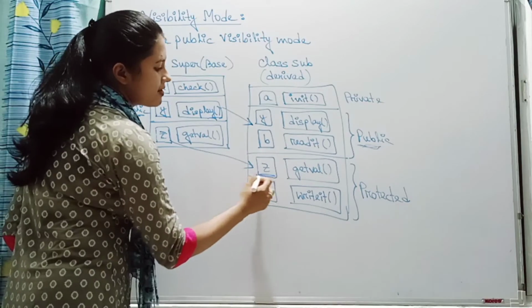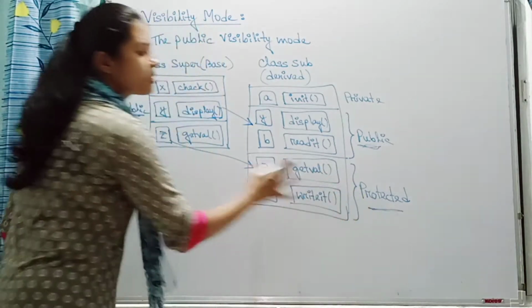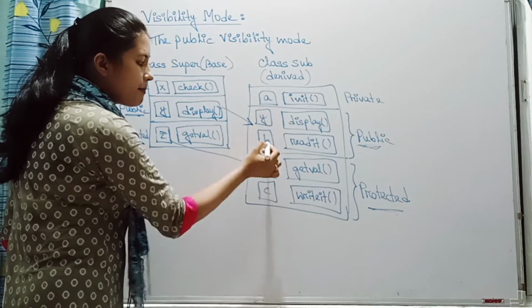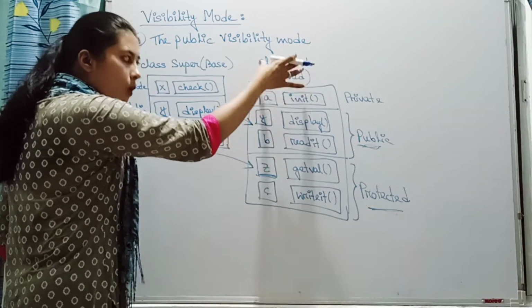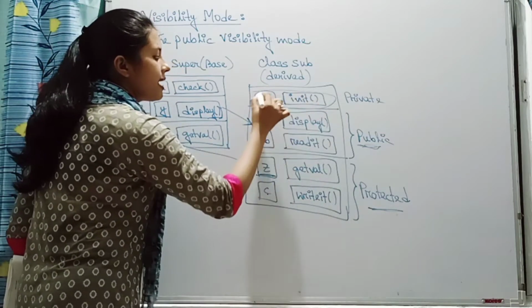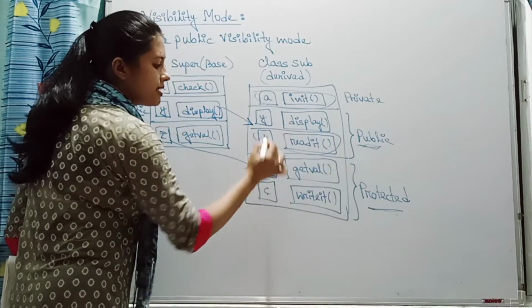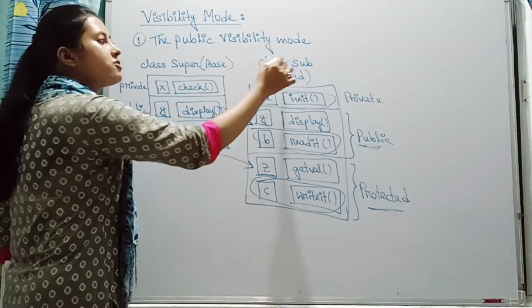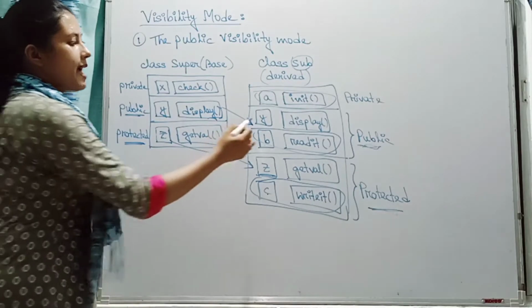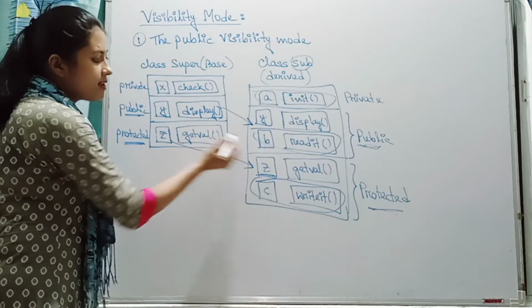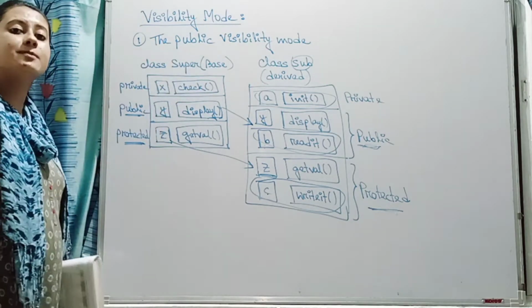Here also we have defined Z under the protected section. So that's clear. A, B and C are its own data members and member functions. Means this A, this B readIt and this C writeIt are the own members of the class sub. And this Y display and Z getVal are derived from the parent class, that is the base class.